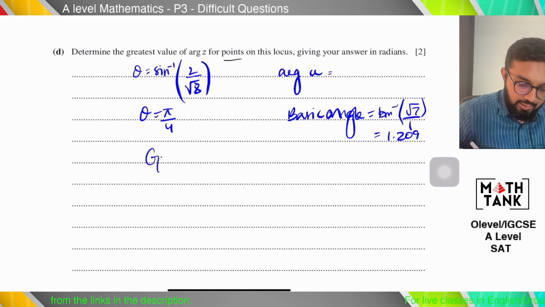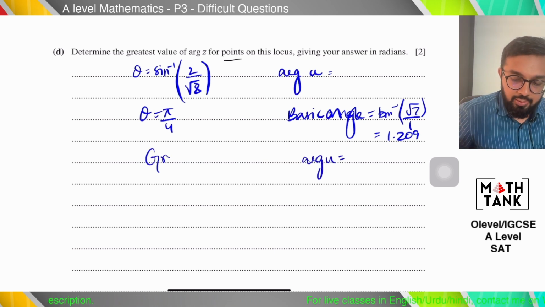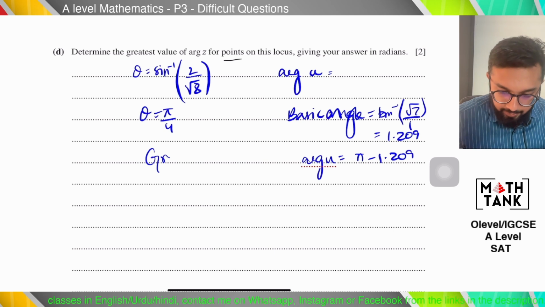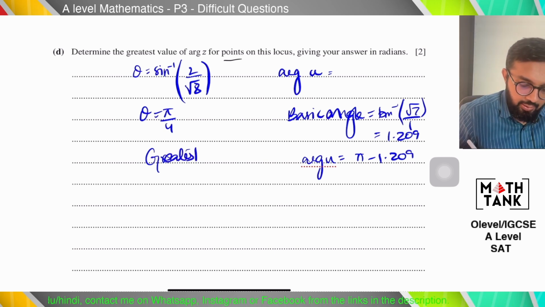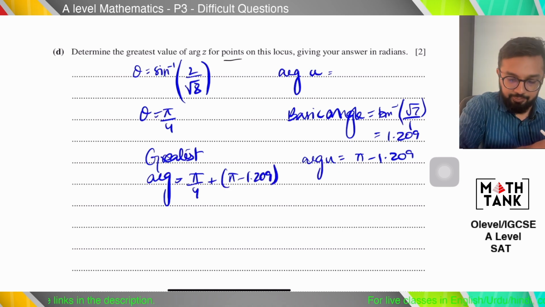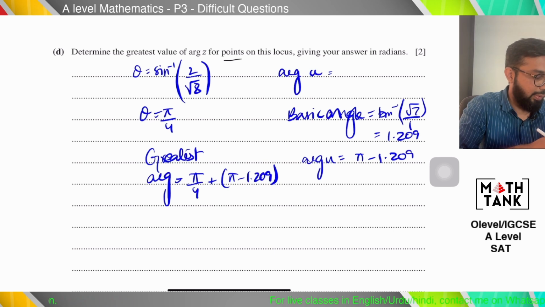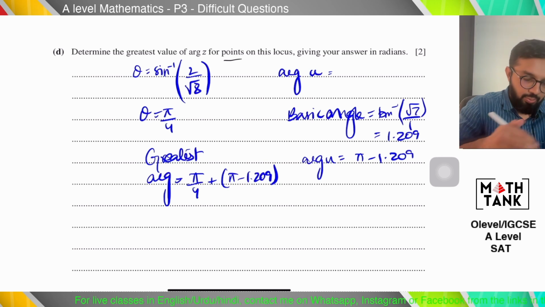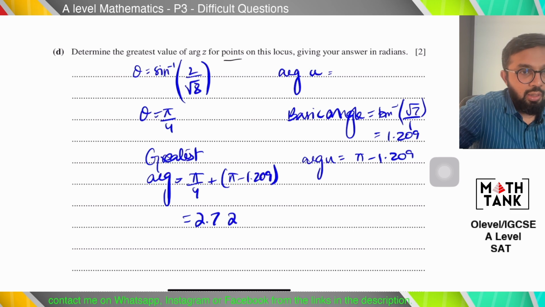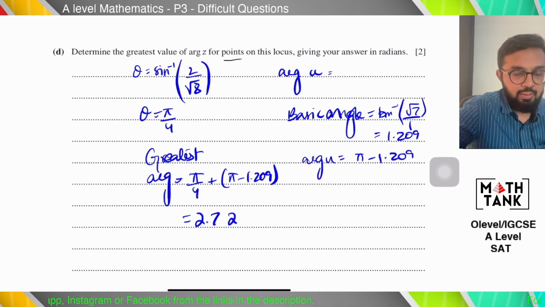Since it's in the second quadrant, the argument becomes pi minus 1.209. Okay, so greatest argument is therefore pi over 4 plus pi minus 1.209, which is 2.717. Let's check. 2.72, is that the correct answer? It's a long question. Yes, that is indeed the correct answer.